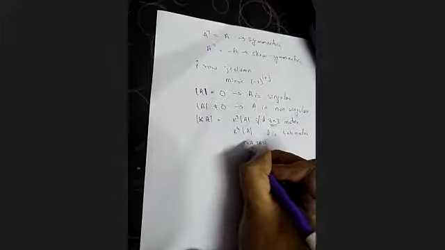So in other words, if you are having a matrix 2A, 2B, 2C, then 2D, 2E, 2F, 2G, 2H, 2I, it can be written as 2 power 3 into the 3 by 3 matrix A, B, C, D, E, F, G, H, I. Understood?